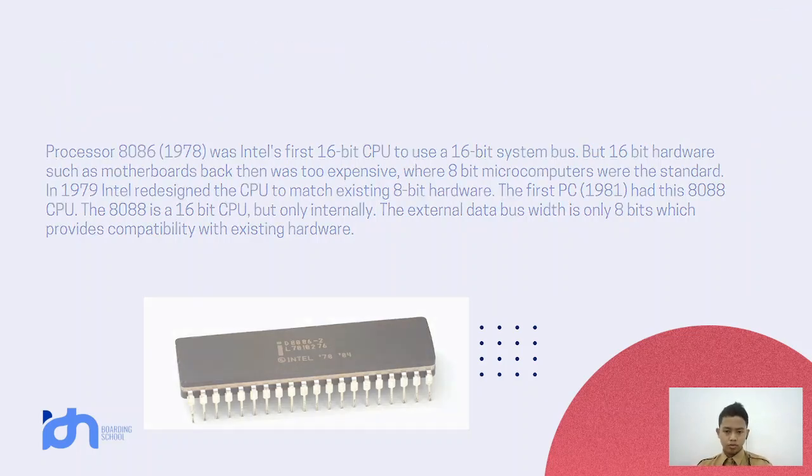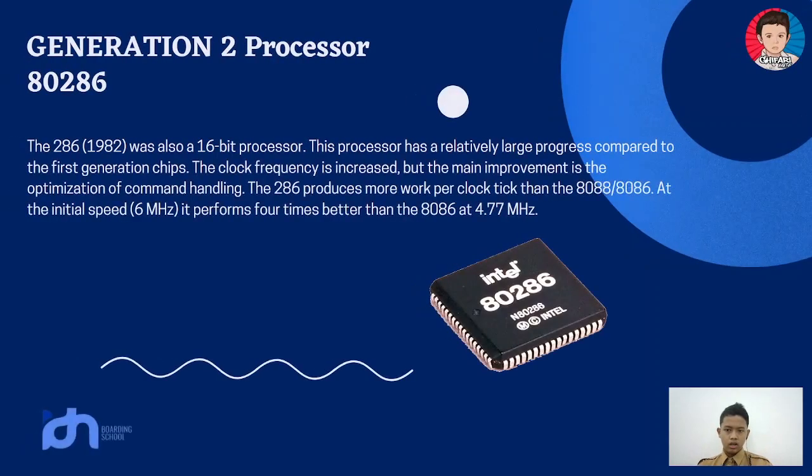Number 2, generation 2 processor, 80286. The 286 in 1982 was also a 16-bit processor. This processor has a relatively large progress compared to the first generation.